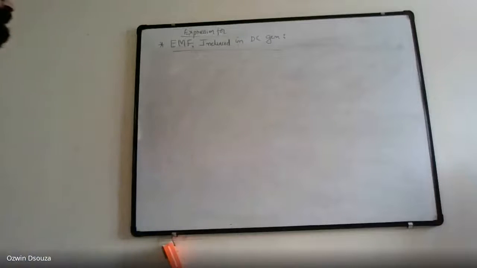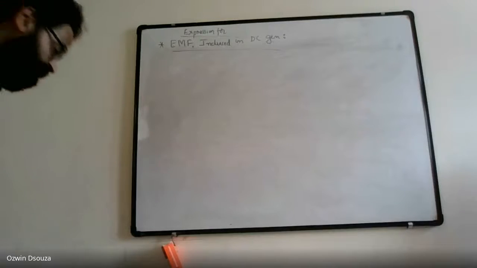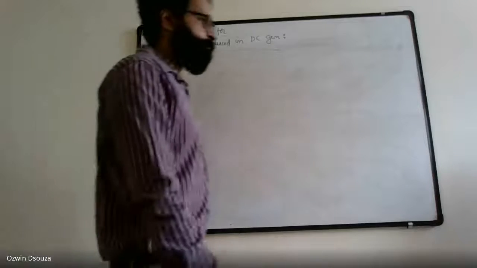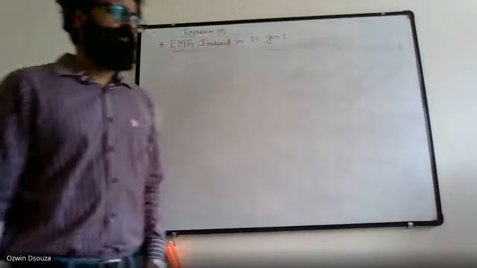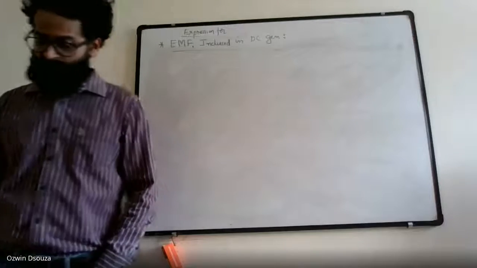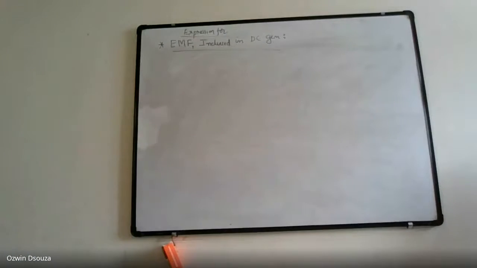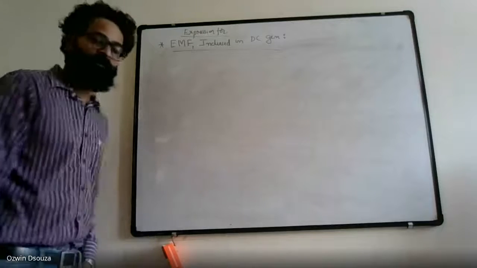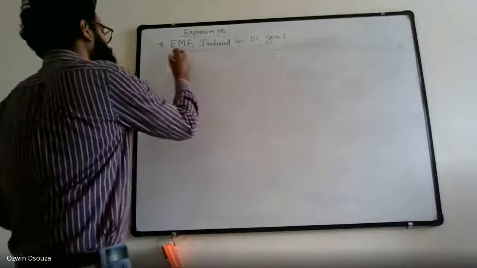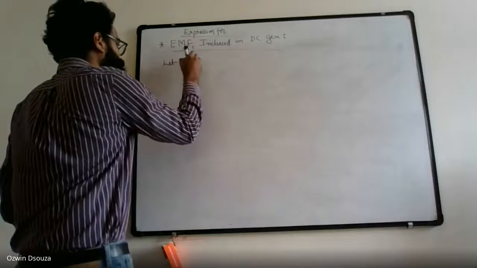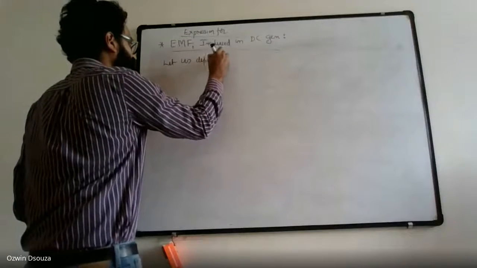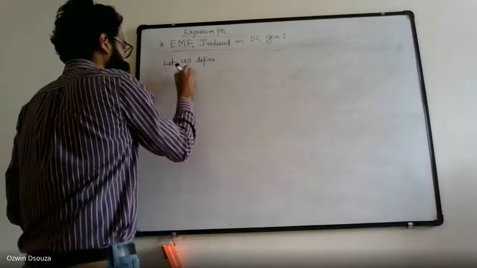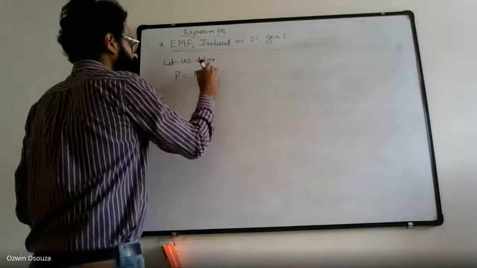Okay, fine. So expression for induced EMF in DC generator. Now to deduce an expression for an induced EMF in a DC generator, let us start by defining certain machine constants. Let us say P is equal to number of poles.